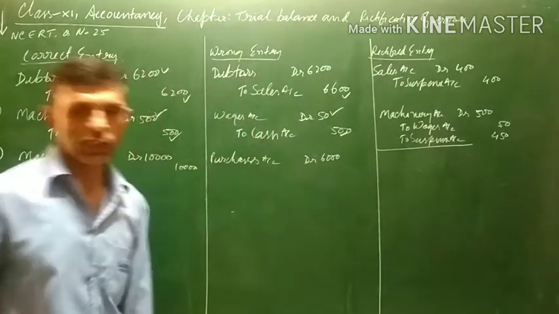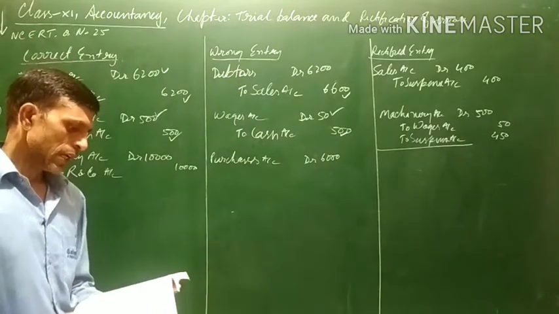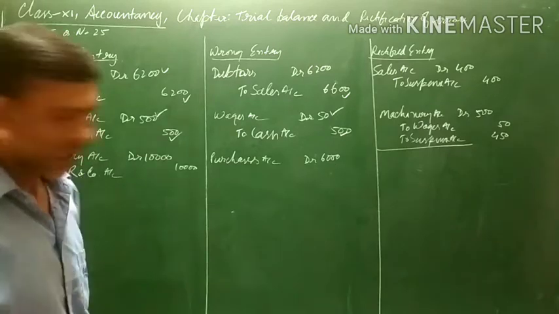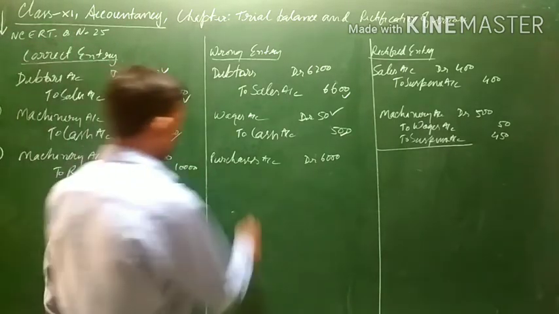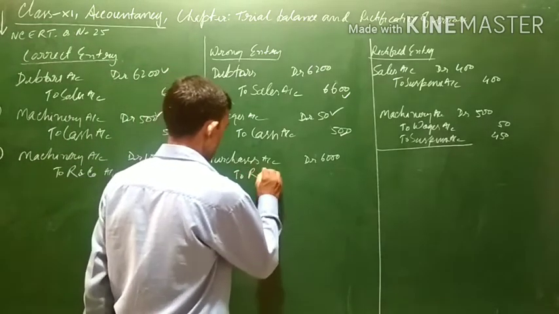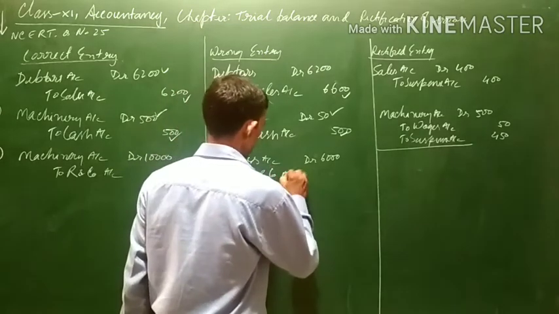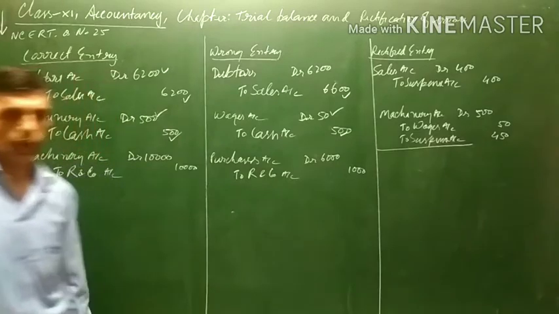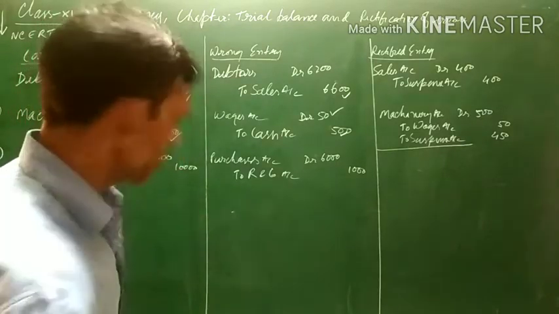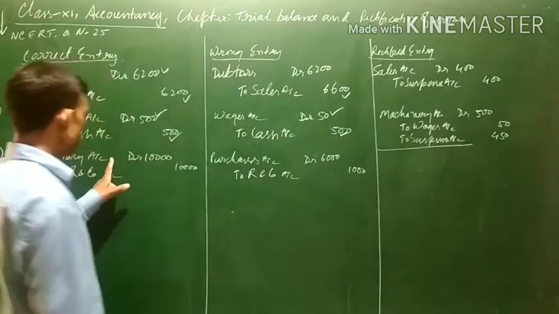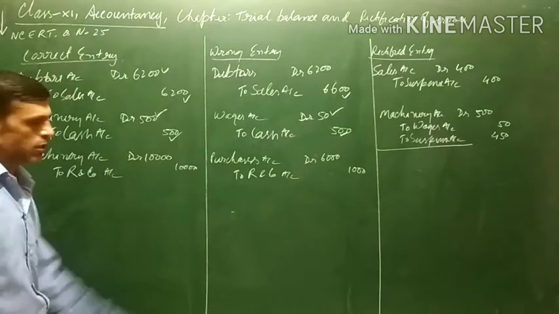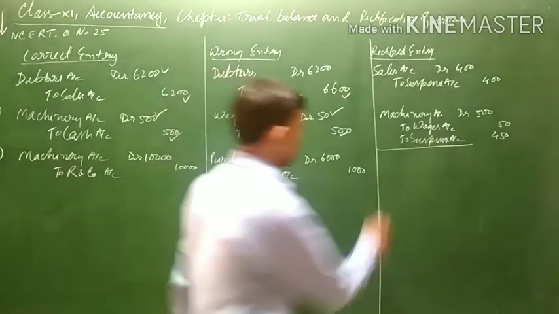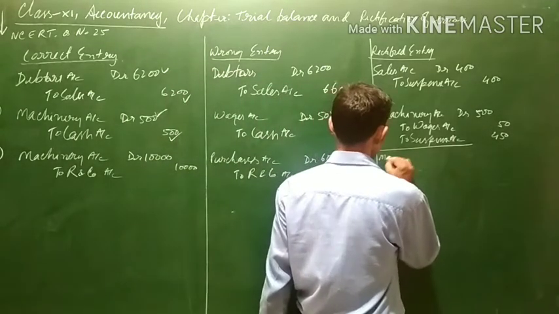And moreover, it has been posted to R&R company account as 1,000. Now you can see what the errors are. First of all, machine is to be debited with 10,000, and it has not been debited. So first of all, we will debit machinery account with 10,000.